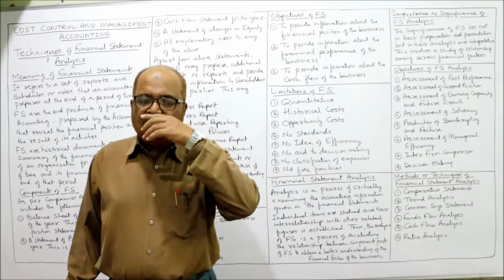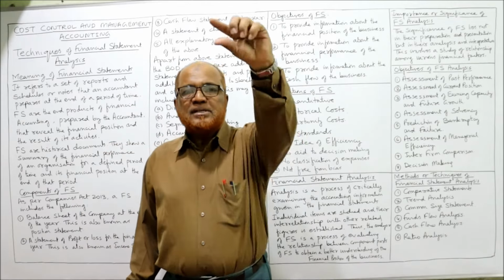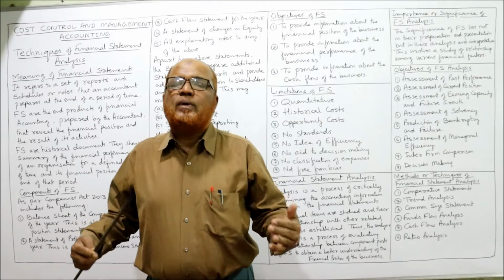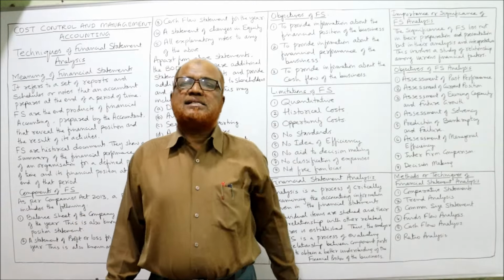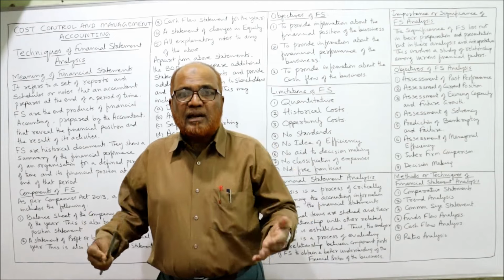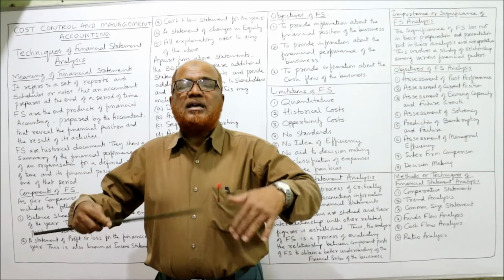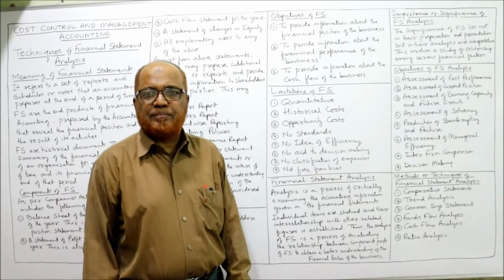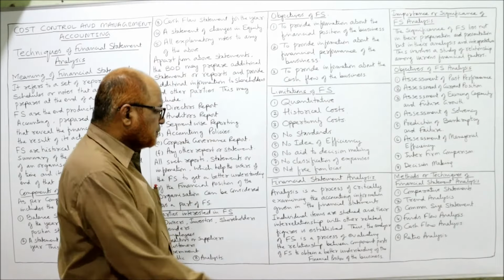These are two different items. Now we try to make a relationship between gross profit and sales. Making a relationship is analysis of financial statements.